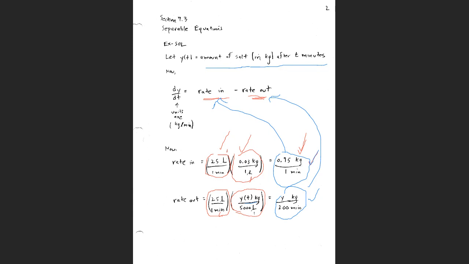So I'll move to the next page if that's okay. Right here, dy/dt is 0.75 minus y over 200. But I'd like to get a fraction on the right side. 0.75 is like 0.75 over 1.